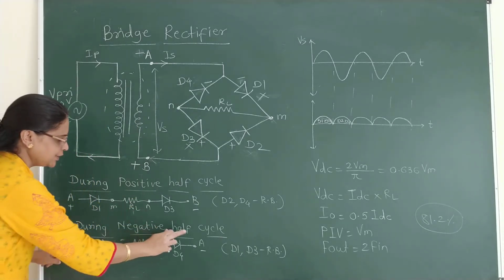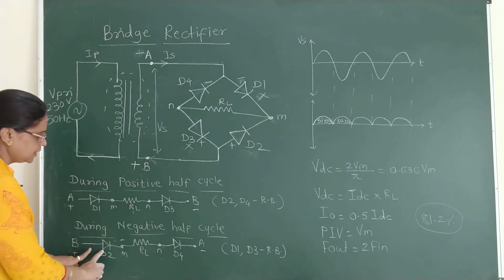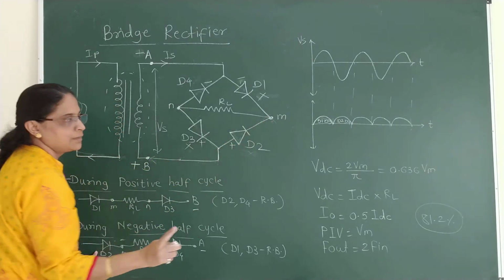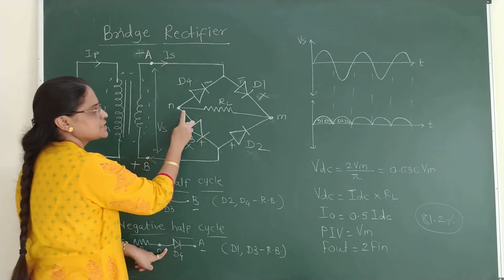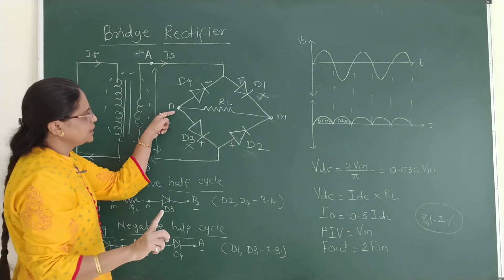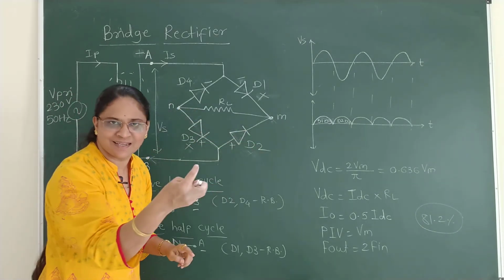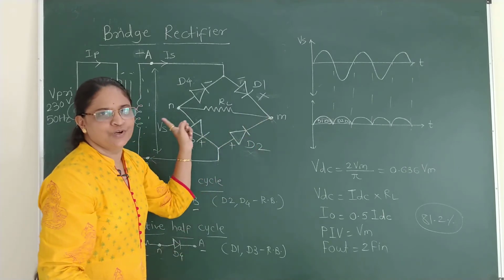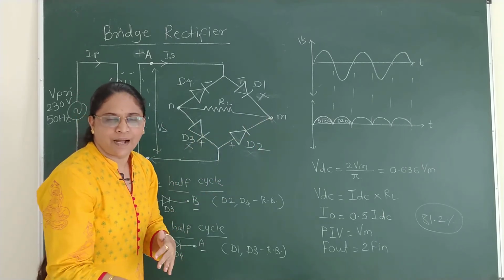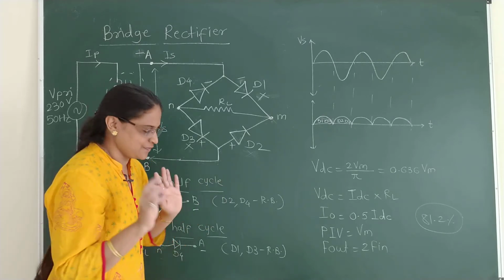So during the negative half cycle, from point B through D2, current will come up to point M. Again the direction remains the same. It is not flowing from N through RL towards M, but again it flows through RL in the same way from M to N. But right now the paths through the diodes are different.